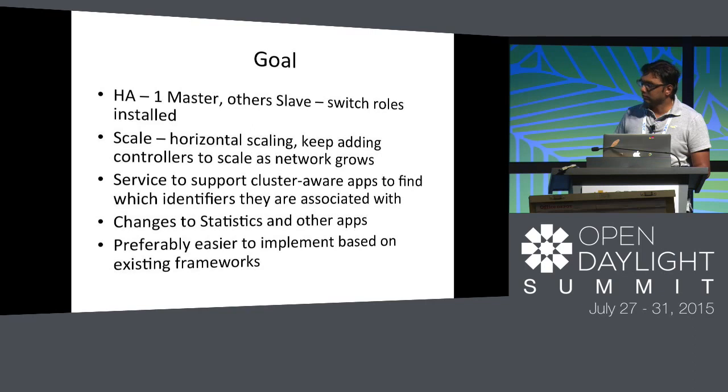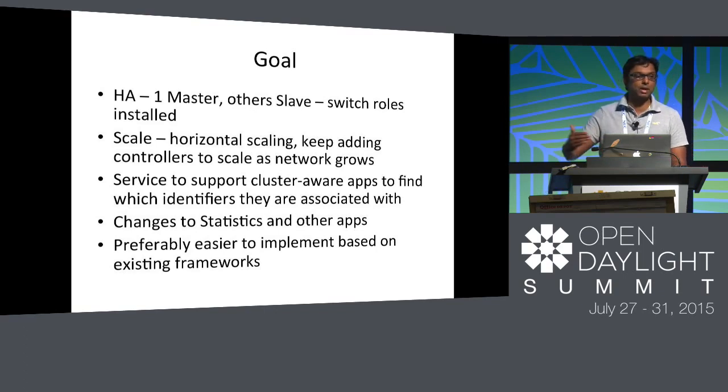In this Beryllium, we are trying to make changes to statistics and make it better, based on existing frameworks, so that we don't have a huge time lag from the start of the design and can complete this in this time frame. This is because OpenFlow clustering is in great demand, as people need to scale.